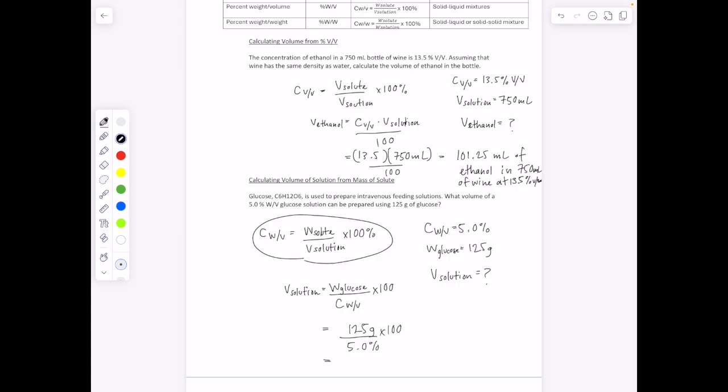Punch this into our calculator, and we end up with 2,500 milliliters of solution.